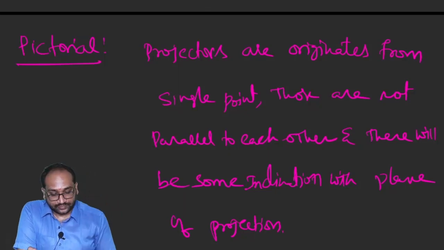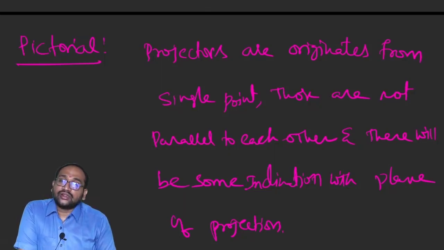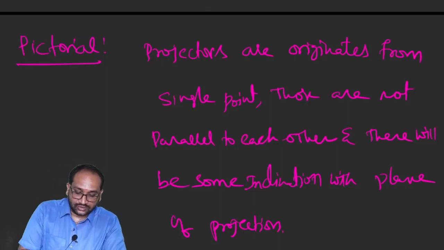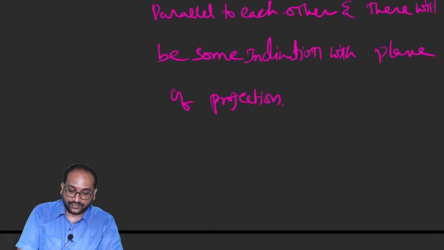Pictorial projections are isometric, oblique, and perspective. These are the differences between orthographic and pictorial projection.